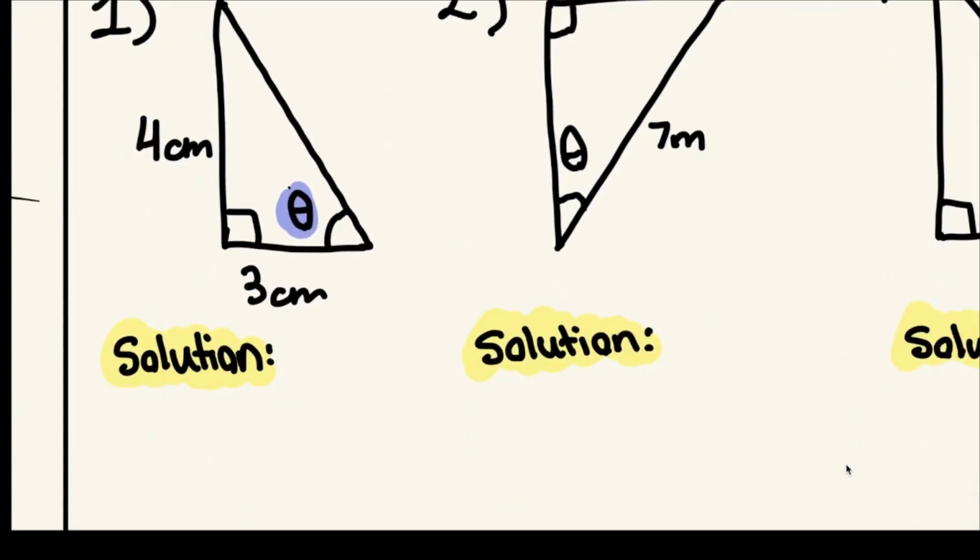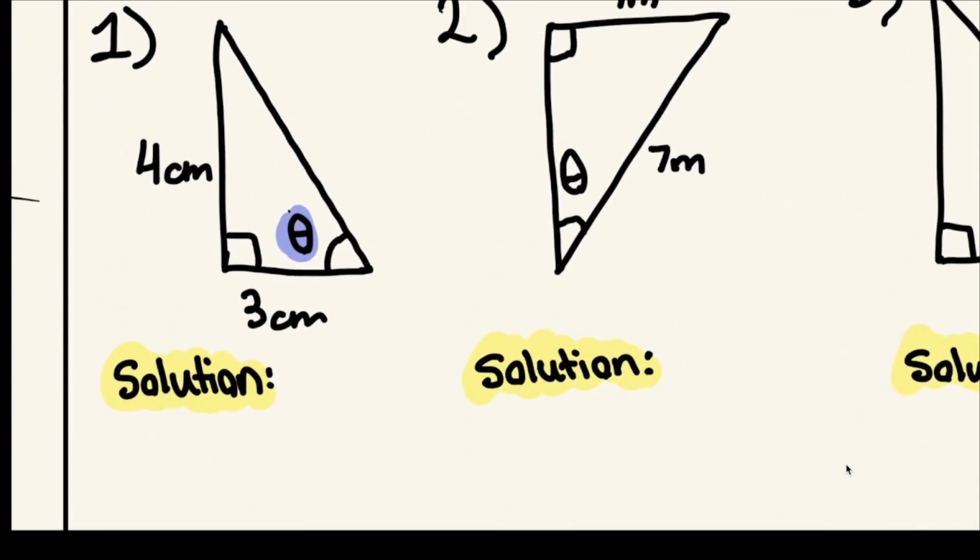So starting off with this question right here. I don't have anything written down, but what would be written down is solve for theta. So how do we solve for theta?